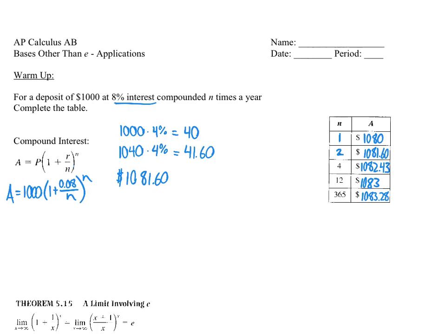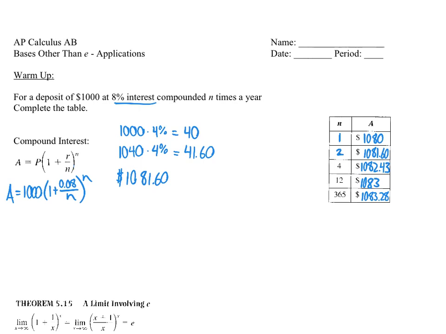Okay. So it doesn't make much difference if you compound. It's not going to make an enormous amount of difference. Now this is only after 1 year. If you carried this out for 20 years, then the difference you would see would be a lot greater.